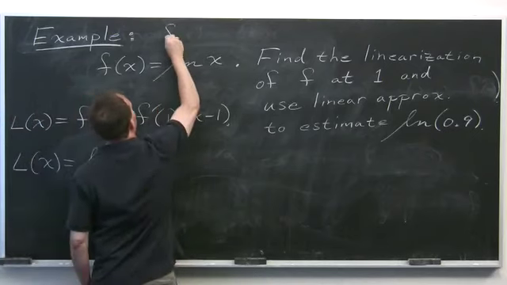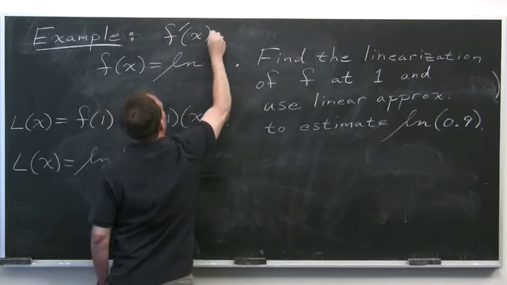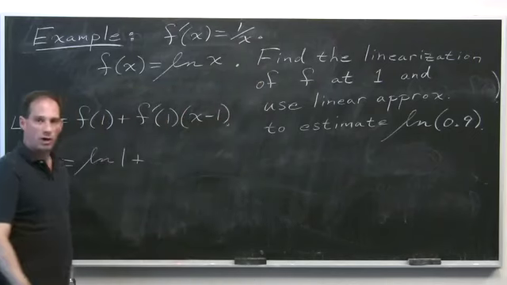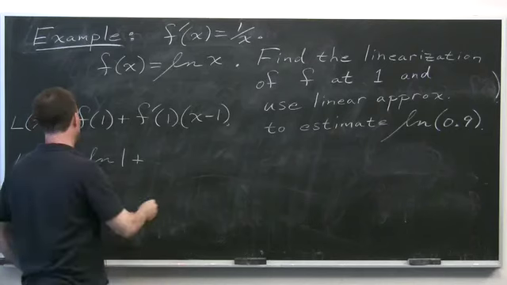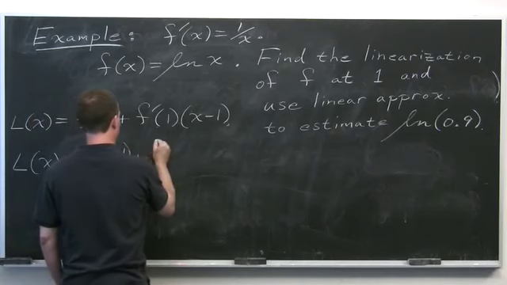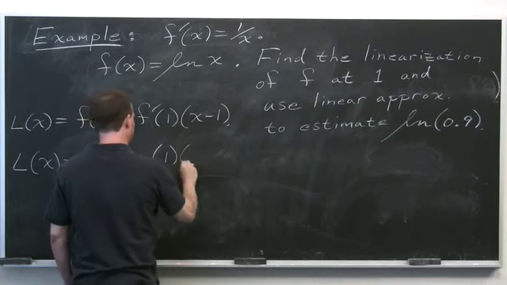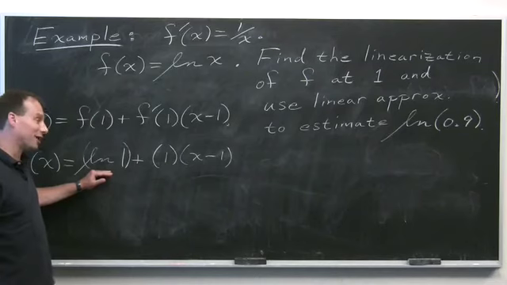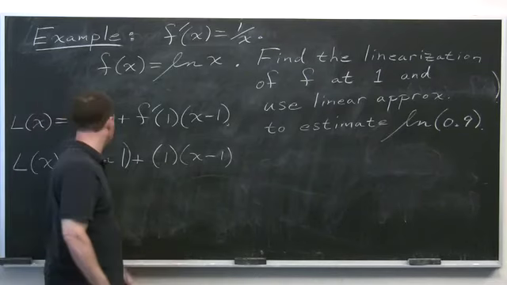We need f prime of x, which is 1 over x. So f prime at 1 is 1 over 1, which is 1. So we get 1 times x minus 1. The natural log of 1, you should know that without a calculator, that's 0. So this is x minus 1.